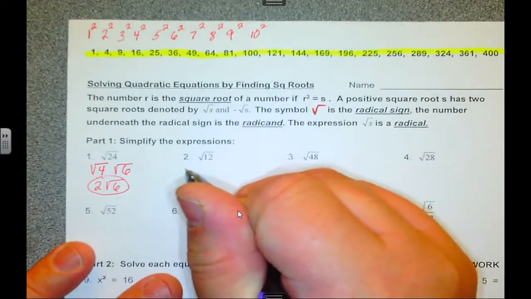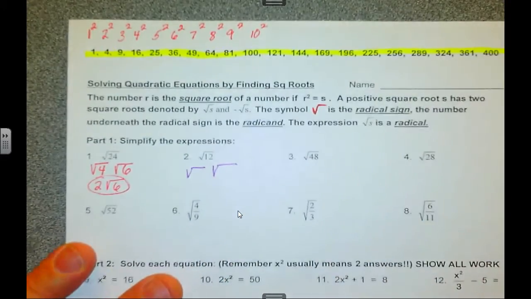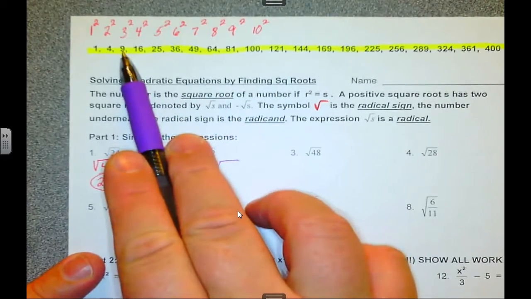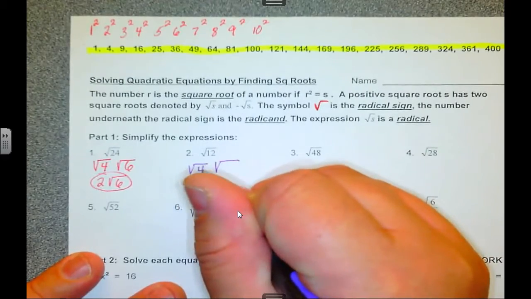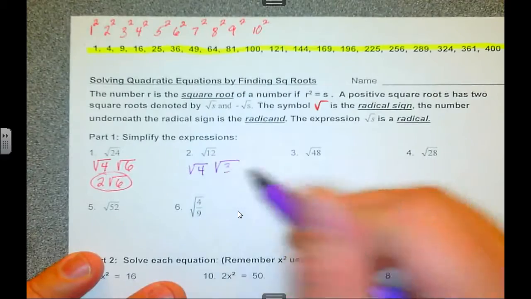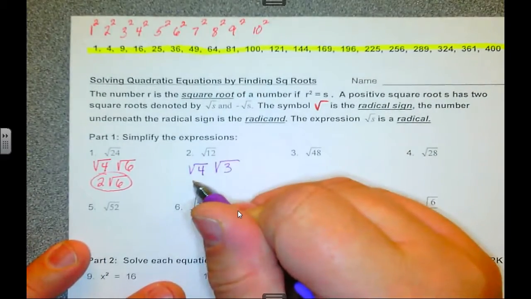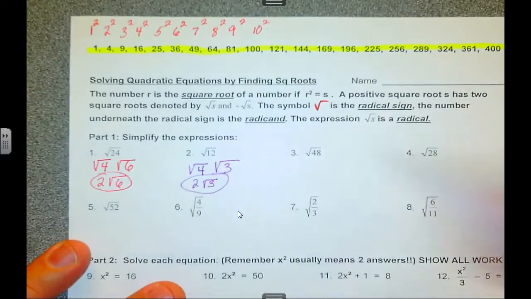Okay, square root of 12. Perfect squares, imperfect square. Let's see, 12, that means I have to start at 9. 9 is not a factor of 12. 4 is a factor of 12, and it's perfect, kind of like teachers. And 3 is imperfect, kind of like those people up there. The square root of 4 is 2, and then leave the imperfect as my answer.